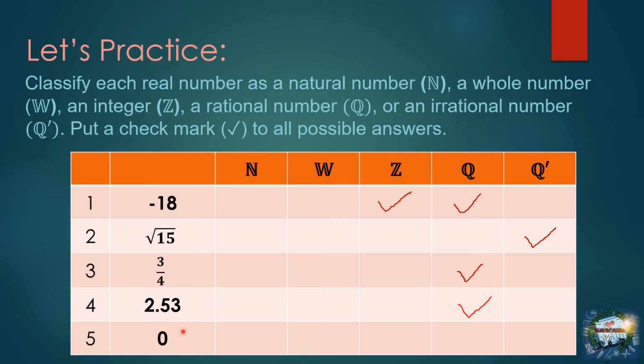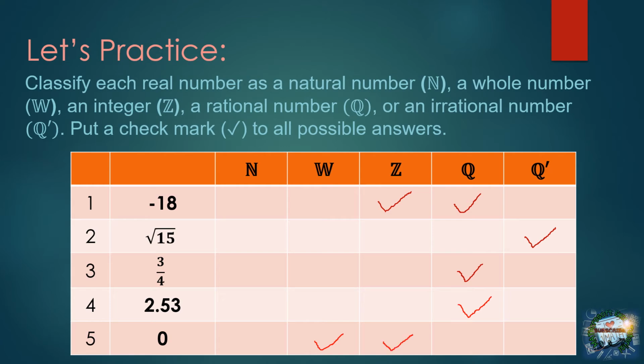How about 0? Is it a natural number? A natural or counting number starts from 1, 2, 3, so it's not a natural number. But is it a whole number? Yes, because whole numbers start at 0, so we put a check. Is it an integer? Yes, because a whole number is an integer, so we check it too.